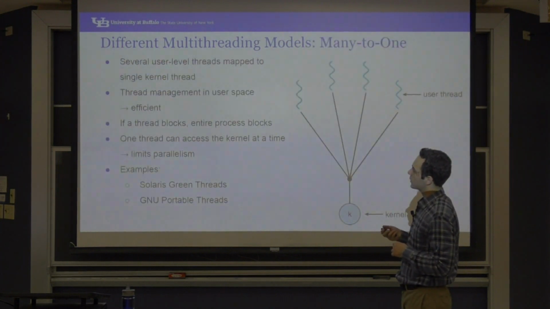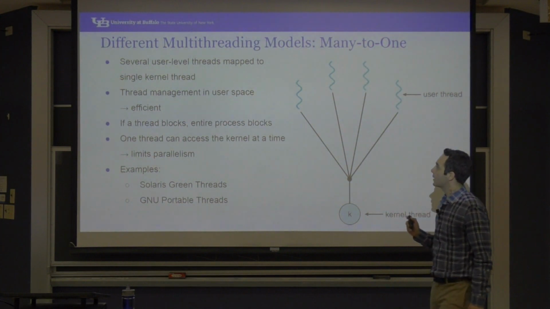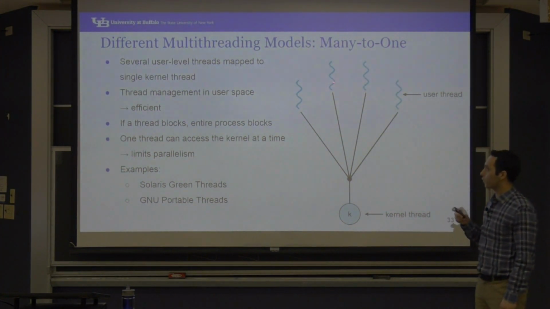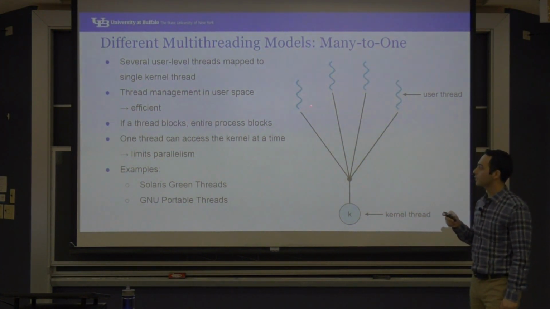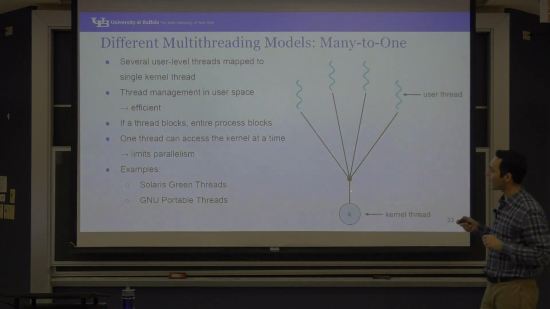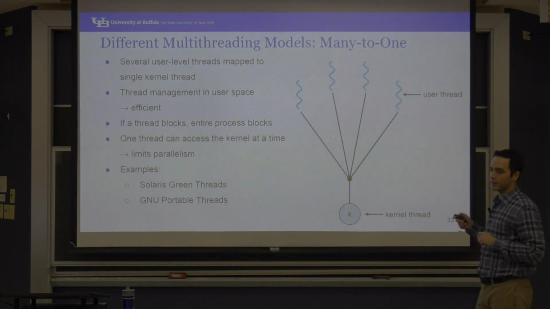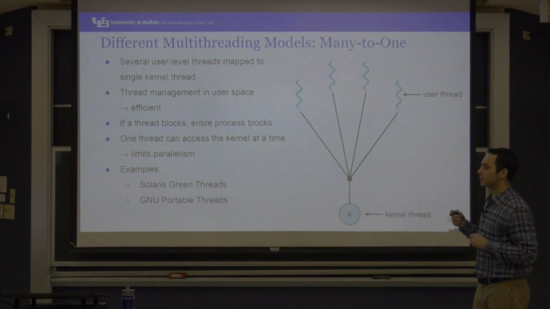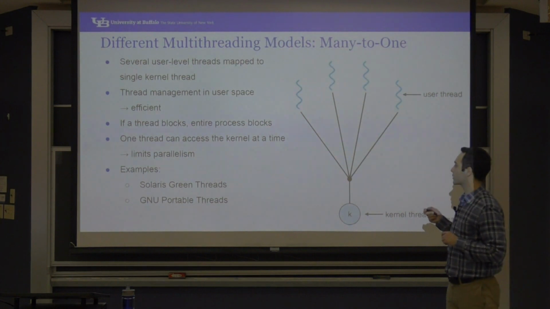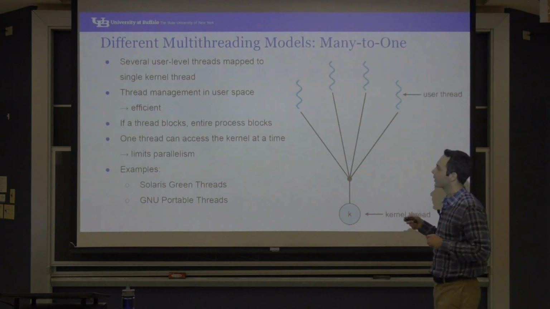So let's see what it means. In a many-to-one model, you have many user threads assigned to a single kernel thread, right? This mapping means that thread management is happening in the user space. The user space decides which one of these is mapped to the kernel thread.